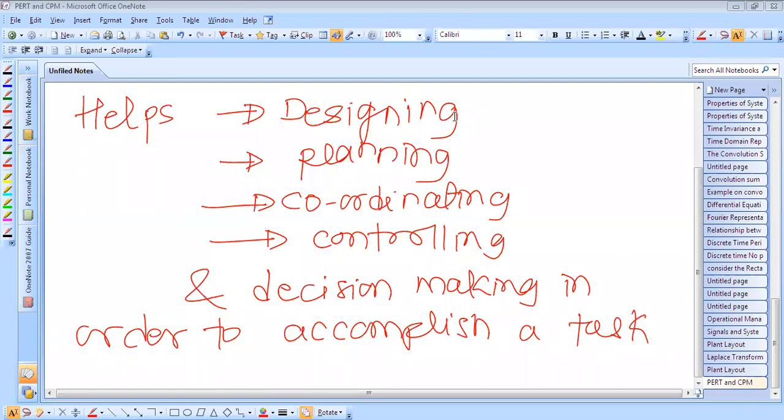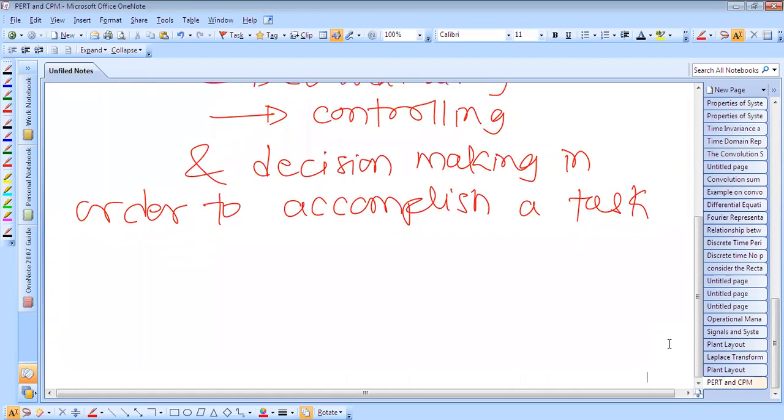Network techniques were developed from the milestone chart and bar chart. But these conventional planning methods, because of their inherent limitations, could not be utilized for planning large and complex projects.